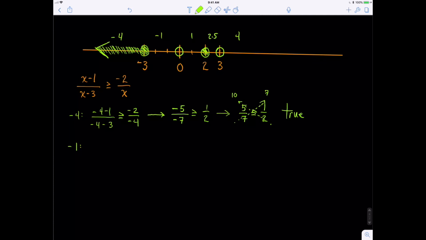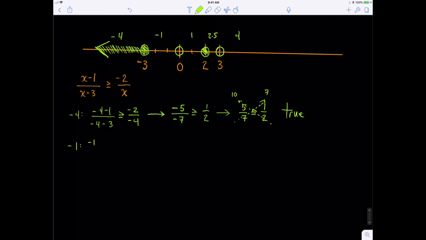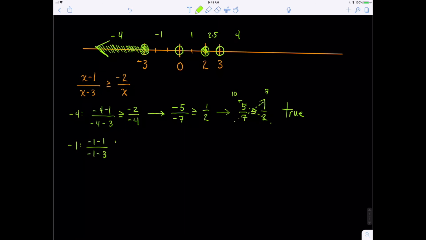Negative 1. So we're going to substitute negative 1 minus 1 over negative 1 minus 3, greater than or equal to negative 2 over negative 1. So this becomes negative 2 over negative 4, and greater than or equal to, this is just a 2.